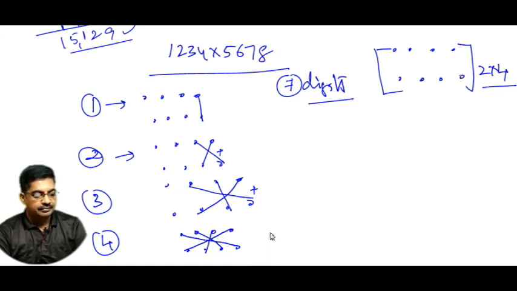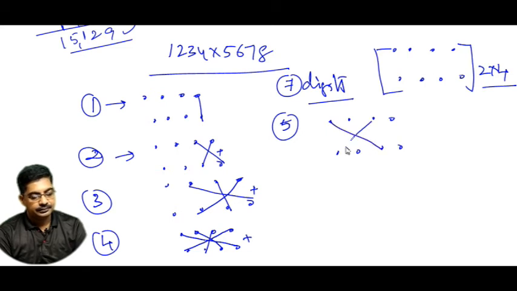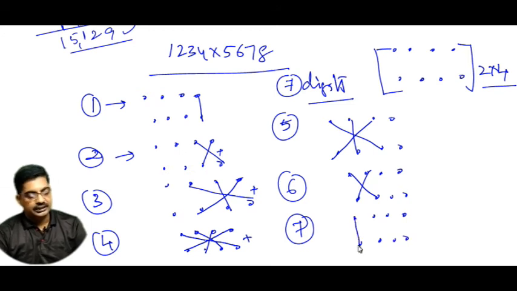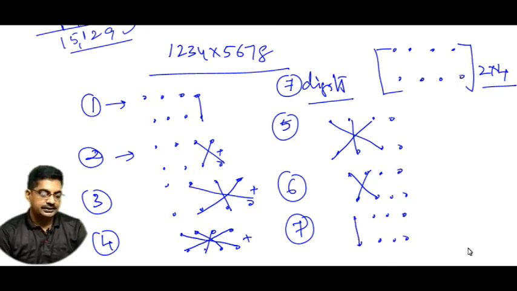The fifth digit will come by multiplying in this fashion. The sixth digit will come by multiplying these two, and the seventh digit will come by multiplying the leftmost vertical digits.